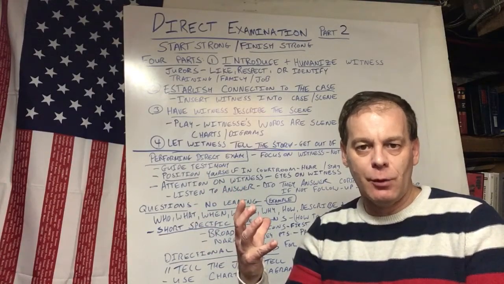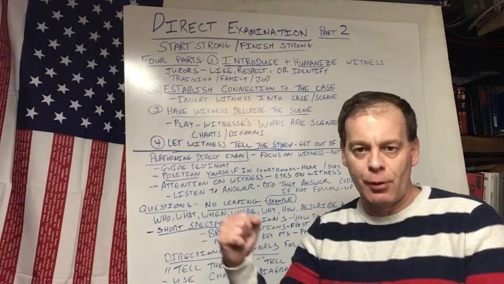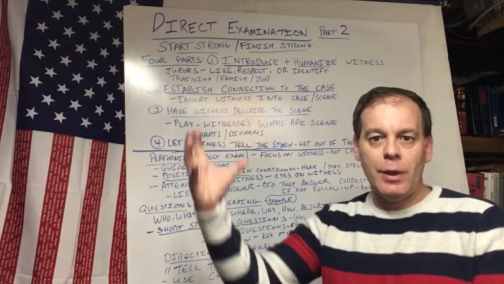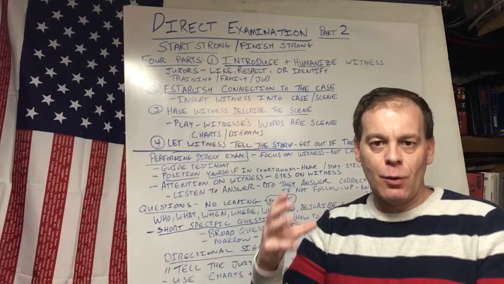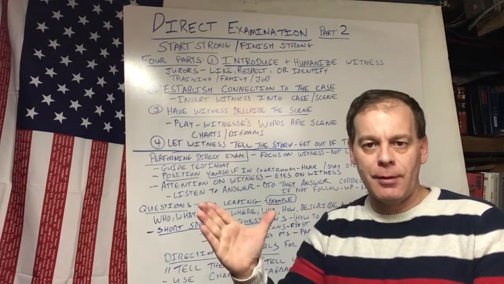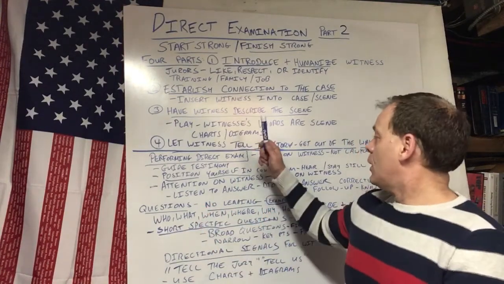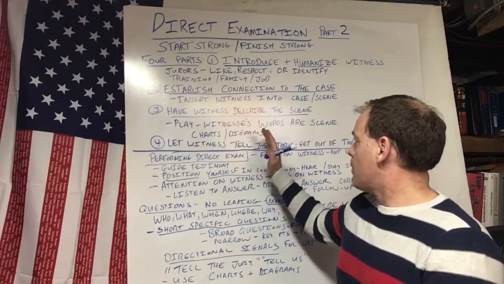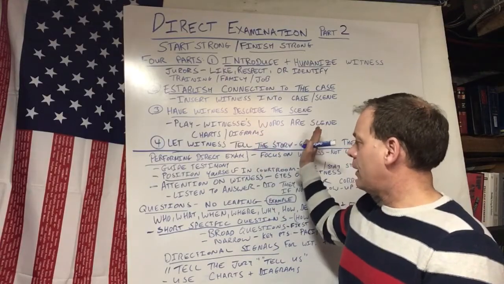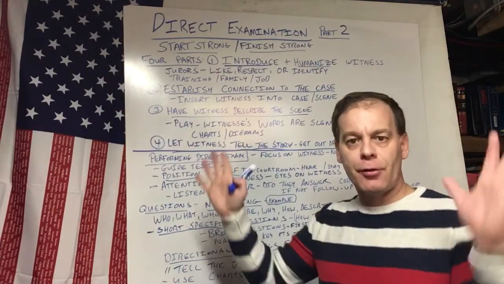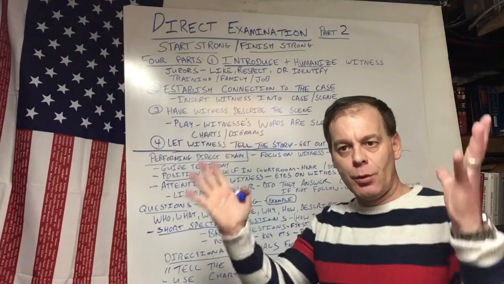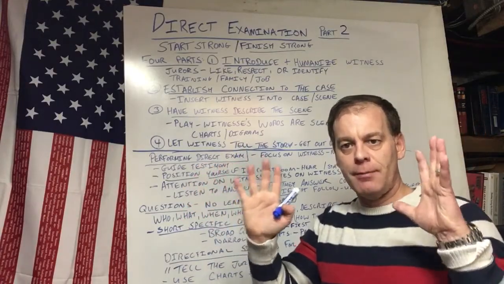We can't actually reenact it if it's a murder case and murder someone so they can watch it. But through our words and our exhibits, we are going to have them describe the scene. And the witness's words are our scenery. Our charts and our diagrams are our props. Okay, this is what we're doing. We're having them describe the scene.